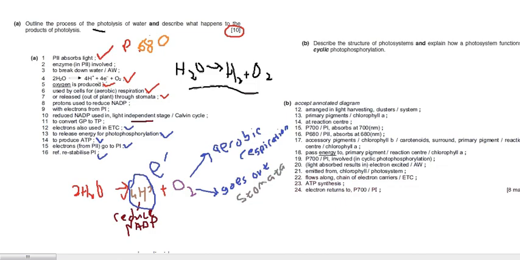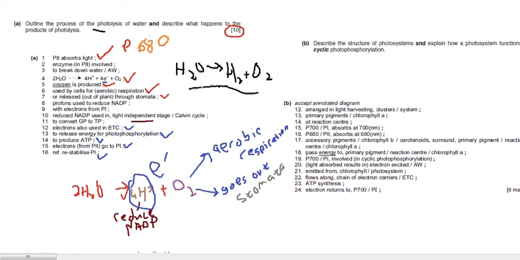So these electrons go to the electron transport chain, and they are used in photophosphorylation to produce ATP.